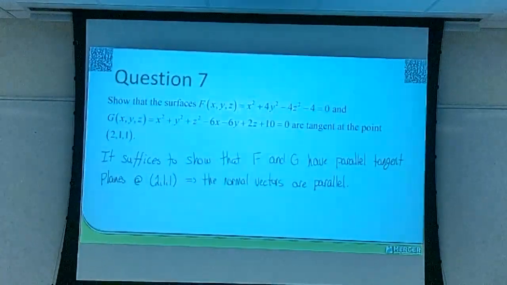Which proves that they're parallel. Based on what we stated earlier, that proves that the tangent planes are parallel, which proves that the surfaces are tangent at the point, so we're done.